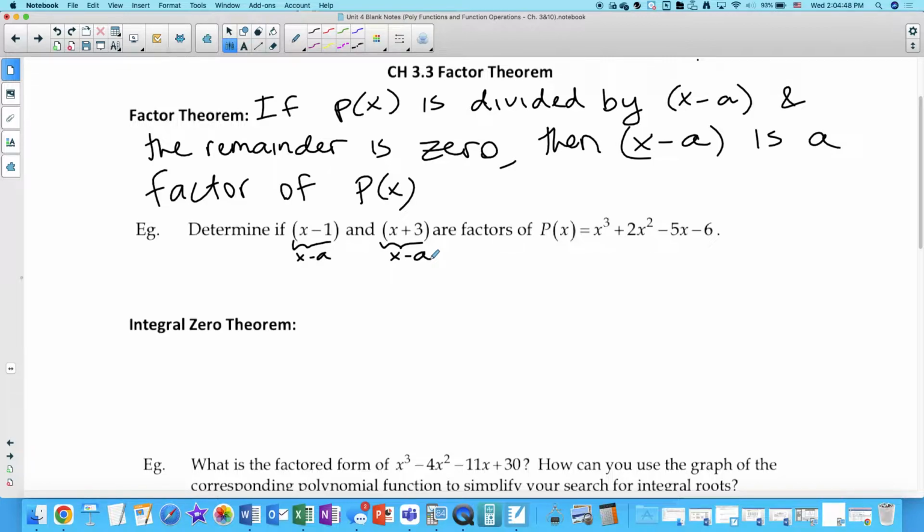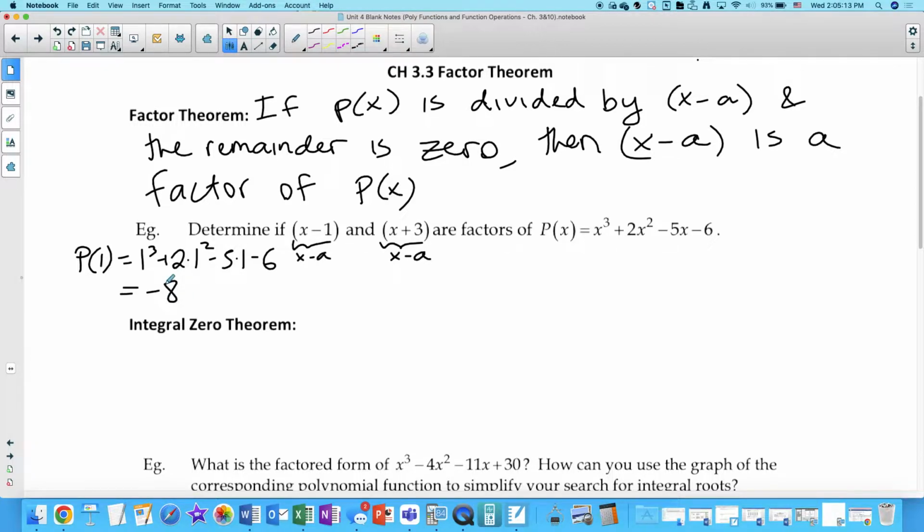Okay, so for this guy, I'm going to look at p of 1, and that is 1 cubed plus 2 times 1 squared minus 5 times 1 minus 6. So that's, let's see, 1 plus 2 is 3, minus 5 is negative 2, minus 6 is negative 8. Okay? This is our remainder.